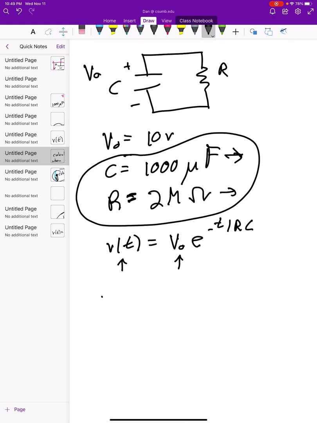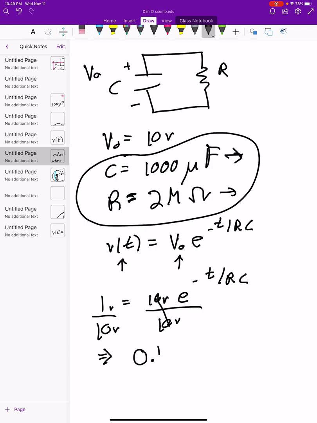So what I said here is 1 volt is equal to 10 volts times e to the minus t divided by RC. So I'll divide both sides by 10 volts. And that gives me that 0.1 is equal to e to the minus t divided by RC.